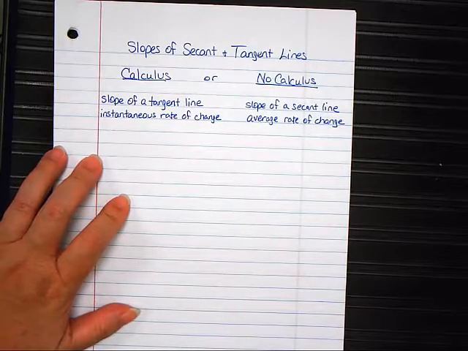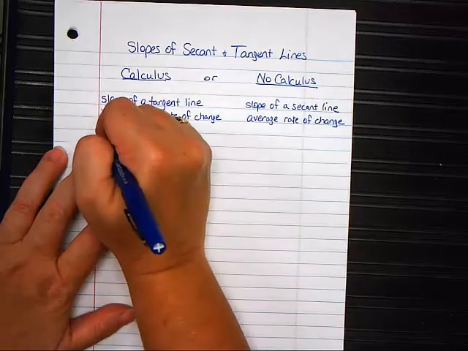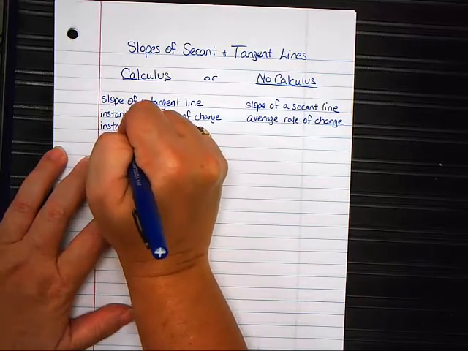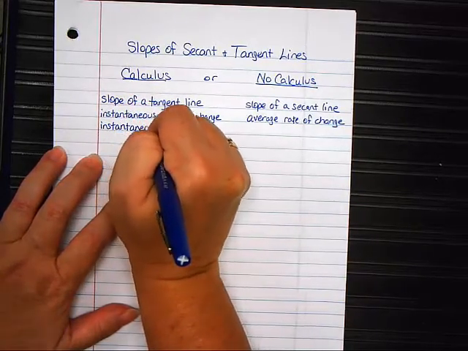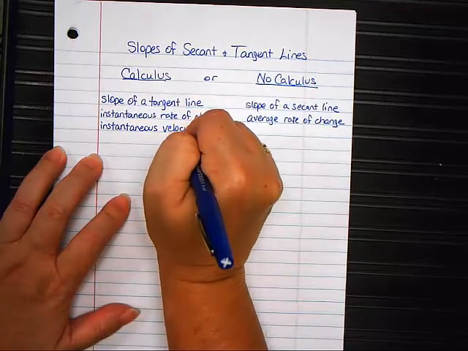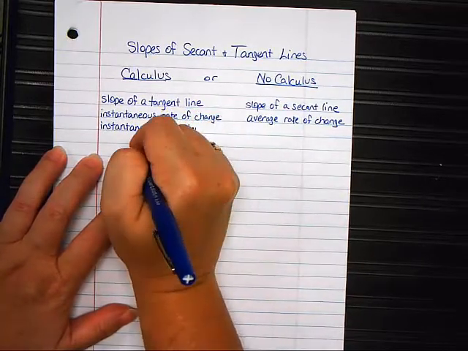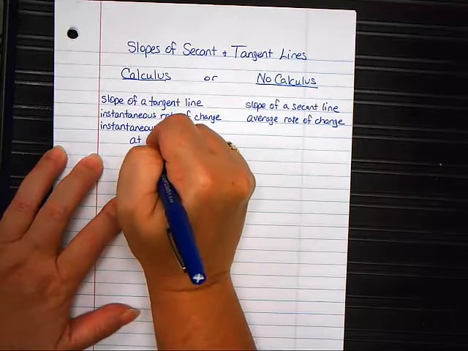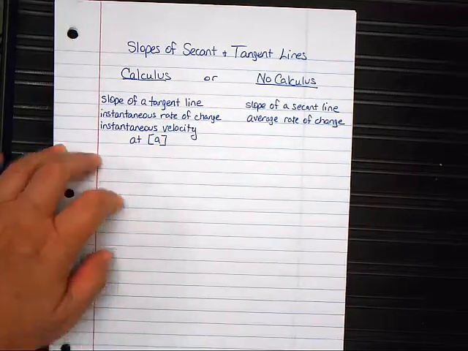Okay. The next 2 are going to be pretty obvious where they go. Where do you think instantaneous velocity would go? Calculus, because it's instantaneous velocity, and velocity is rate of change. And underneath that, you also need to write "at [a]".